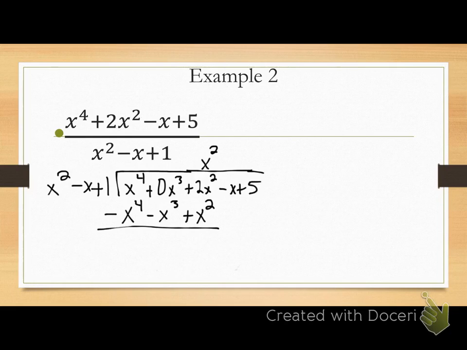So for that first column on the right, I have 2x squared minus x squared. What would that give me? 2x squared minus x squared. X squared. 1x squared or just x squared. 0x cubed minus negative x cubed.